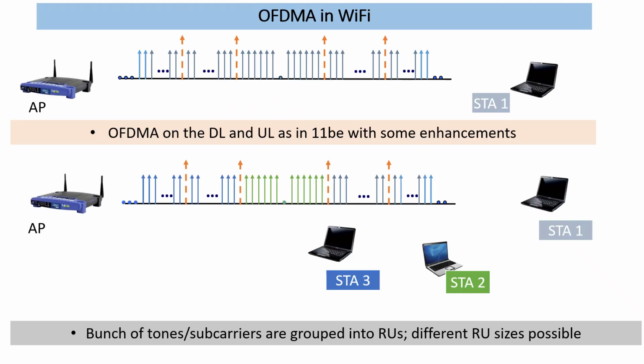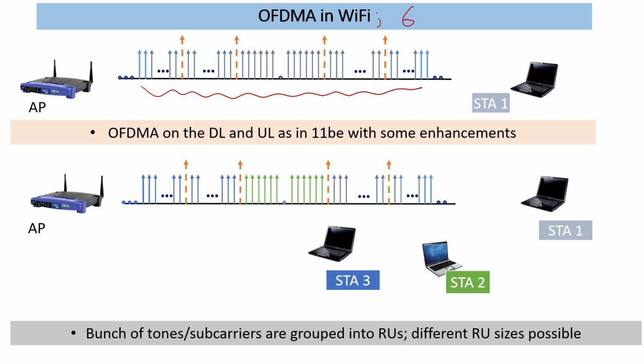So OFDMA was brought into Wi-Fi in the Wi-Fi 6 era with a lot of fanfare. This does not mean that our plain SU OFDM was abandoned. No, it still remains, in my opinion, as the main technology.